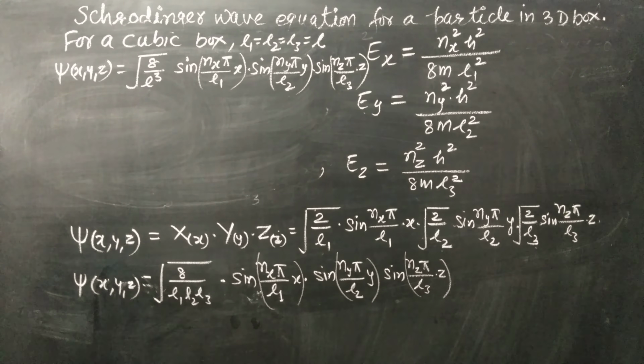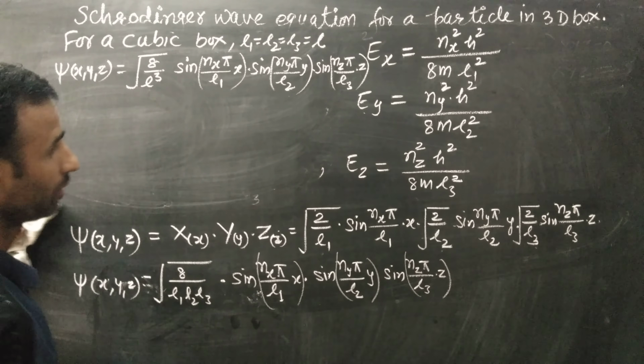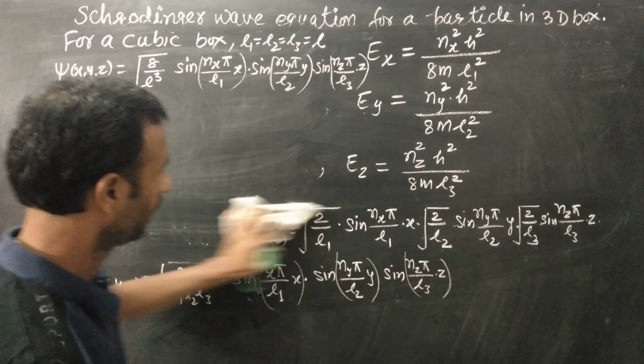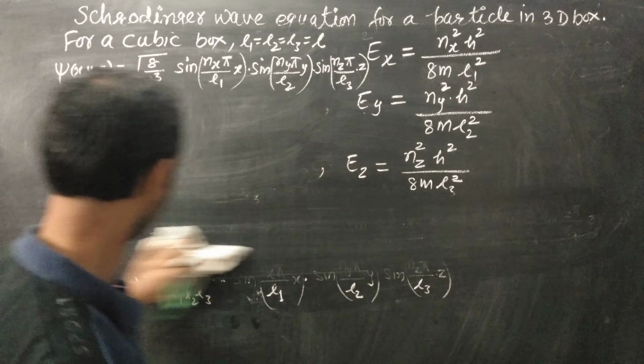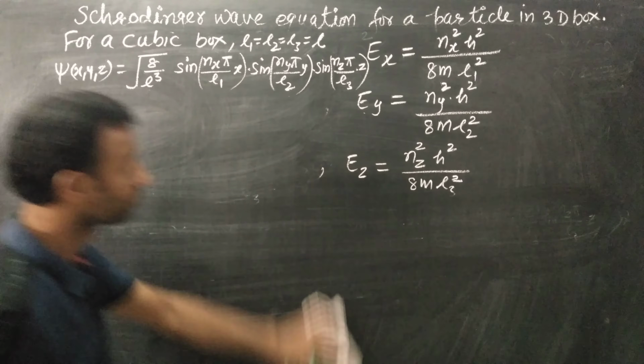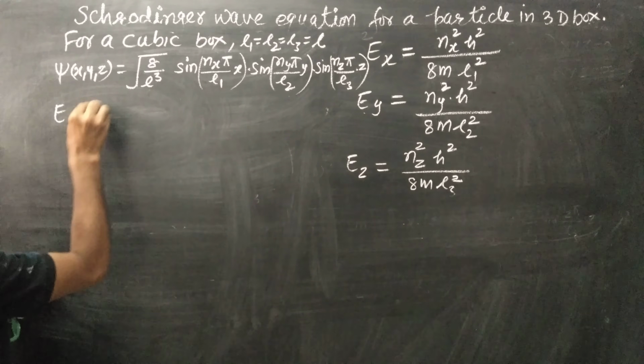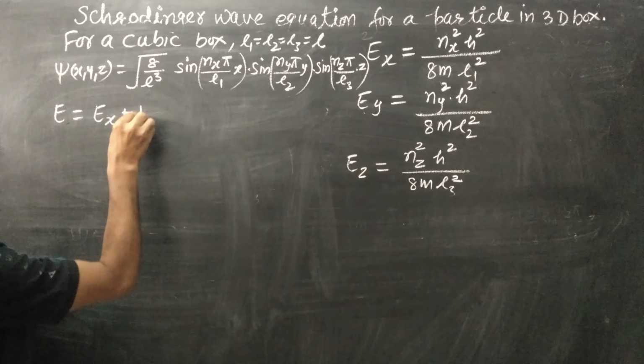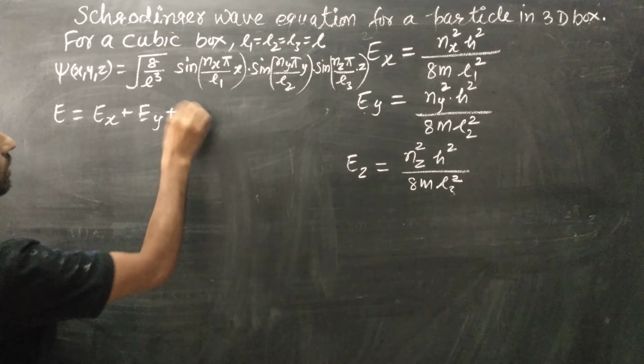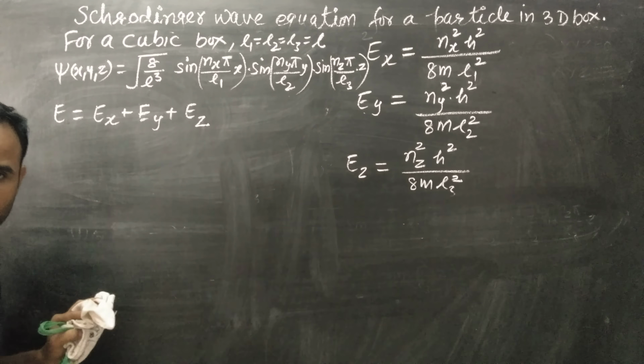Because if L1, L2, L3, it is like this. Now come to second part, that is energy. So in energy, E is equal to Ex plus Ey plus Ez.